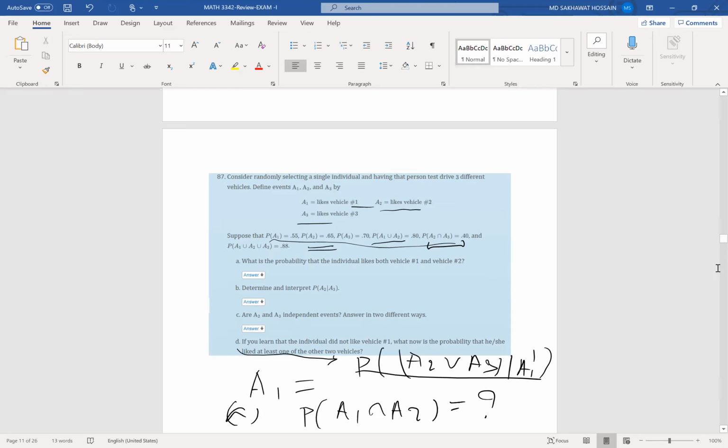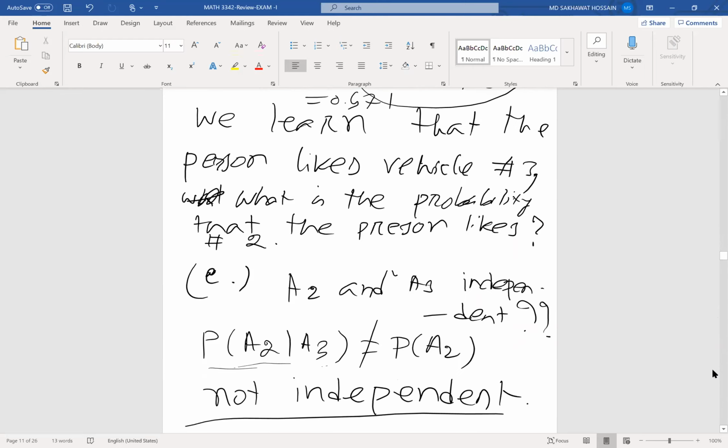Actually, to complete part D, you have to calculate so many probabilities. Even if you want to construct the Venn diagram, you have to calculate the probability of A1 intersection A2 intersection A3.